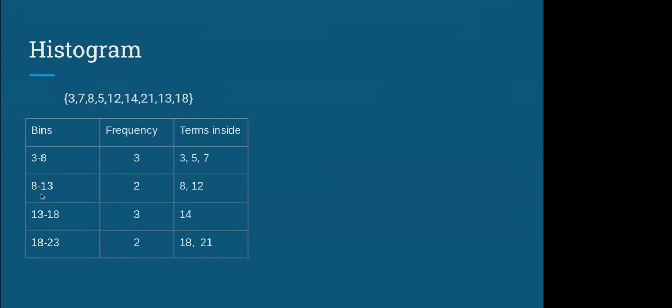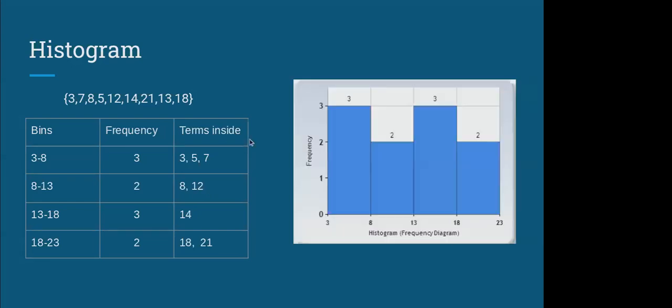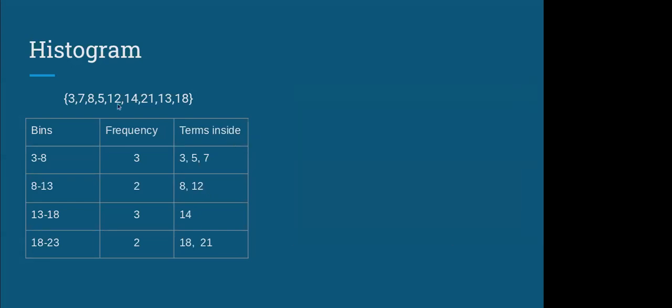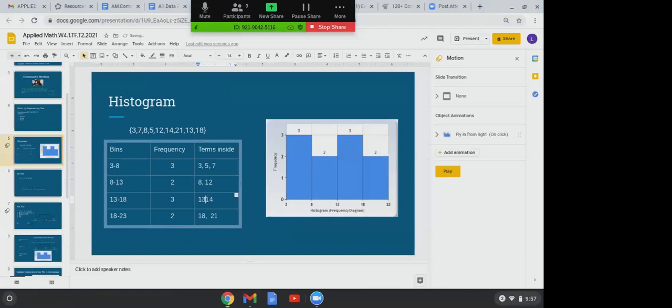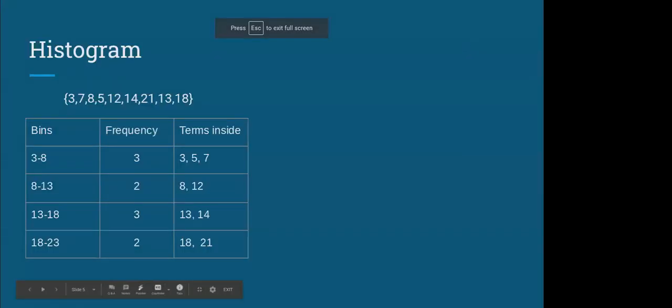In the next bin from 8 to 13, we have 8, 12, and 13. We have 8 and 12. 13 goes here. All right, that's screwed up real bad. So we have the terms in the bins.